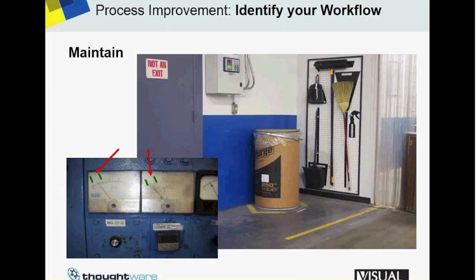There is no detail that's not going to be effective in making our area less wasteful and more optimizing the flow. We want to determine acceptable performance, determine corresponding visual indicators and controls. We want to mark equipment and controls and conduct daily cleaning and inspections.